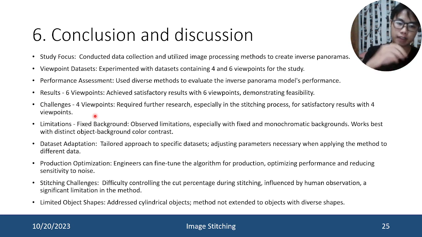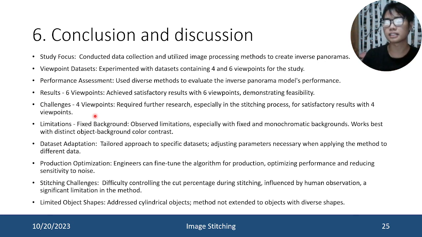Then dataset adaptation: the approach is tailored to specific datasets, and adjusting parameters is necessary when applying the method to different data. This is our limitation, and also production optimization. Engineering can refine the algorithm for production, optimizing performance and reducing sensitivity to noise.